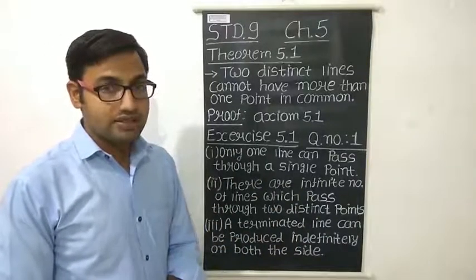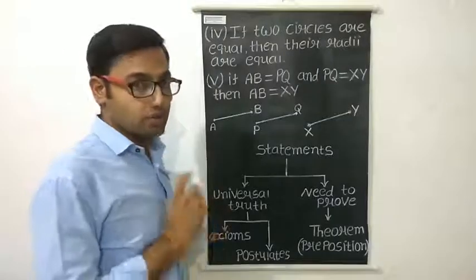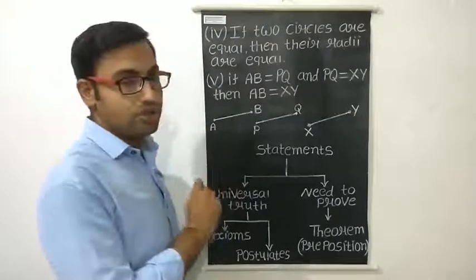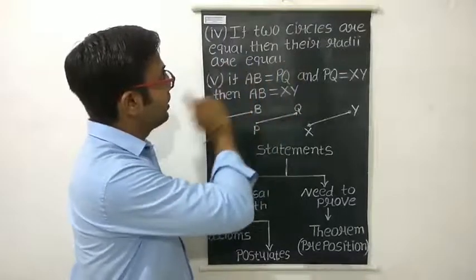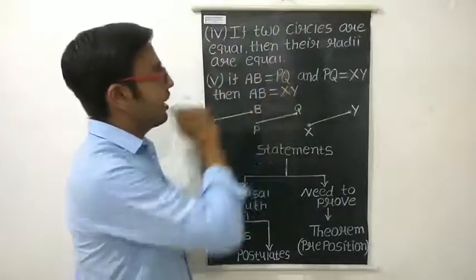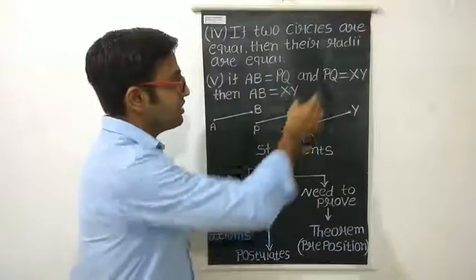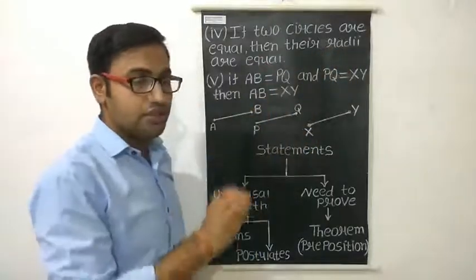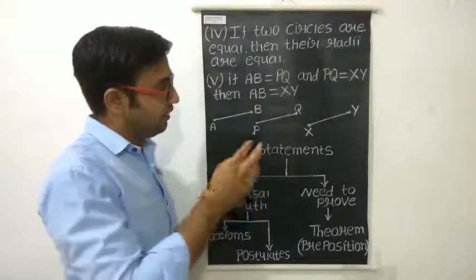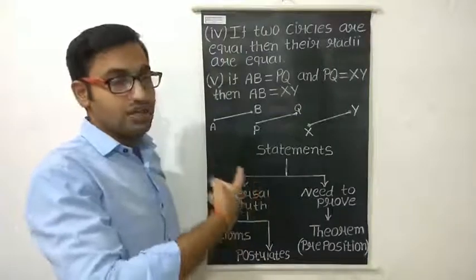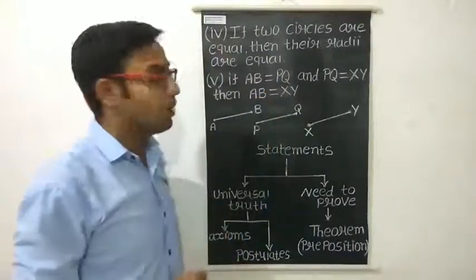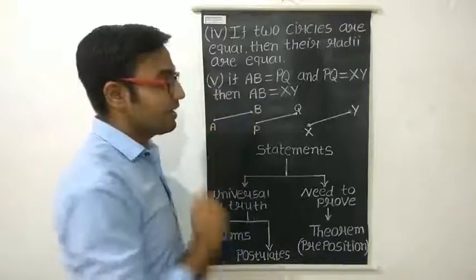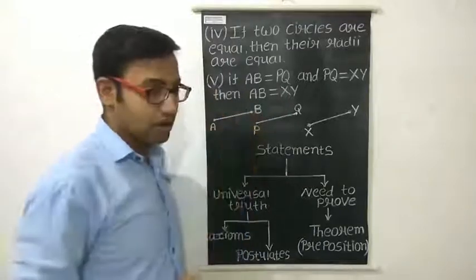Okay? Understand? Fourth statement: if two circles are equal, then their radii are equal. What is radii? This is the plural of radius. If we are talking about two circles, then we say both radii. So if two circles are equal, then the radii are equal.